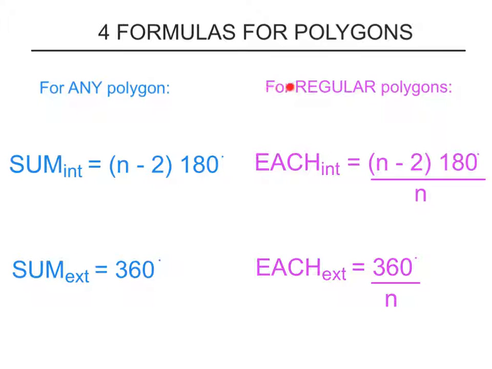If your polygon is regular, then you can take this sum and divide it by the number of sides to figure out the measure of each angle individually. And if you take the sum of 360 and divide it by the number of sides, hence the number of angles, you can find the measure of each exterior angle in your regular polygon. And there you have it, 4 key formulas for polygons.